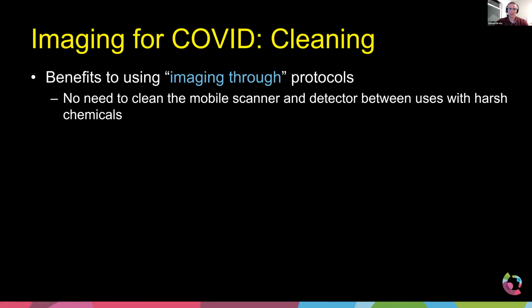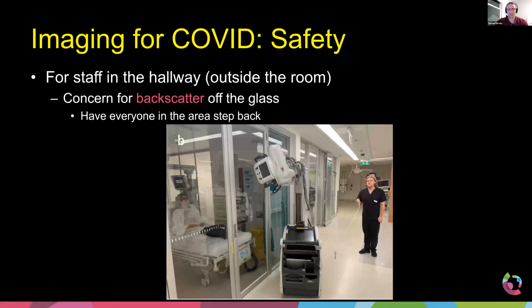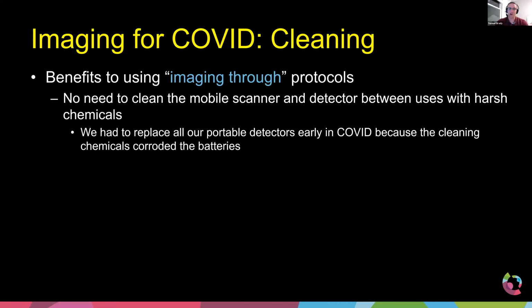All right. The obvious benefit of imaging through a door, where all of the individuals that are sick or infected are behind a glass door, is that the system itself will not need to be sterilized as much. The sterilizing wipes and stuff that we've been using are very harsh.